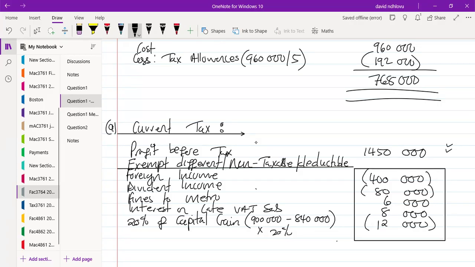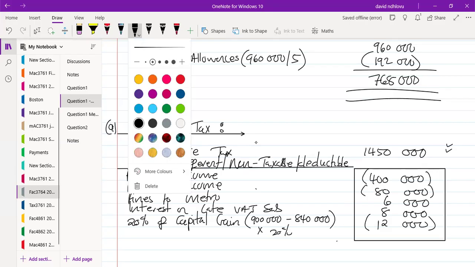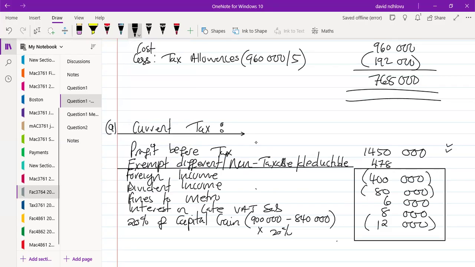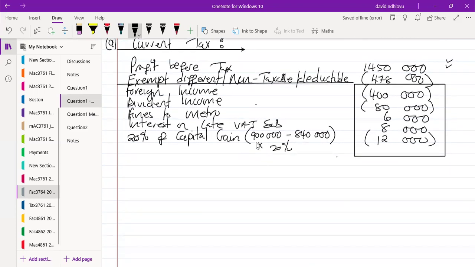So 400,000 negative plus 80,000 negative plus 6,000 plus 8,000 plus 12,000 negative. I made a mistake somewhere. That's 6,000 plus 8,000 minus 400,000 minus 80,000 minus 12,000. All right, I should have 478,000, which is a negative amount, being the total of the exempt differences that I'm adjusting.